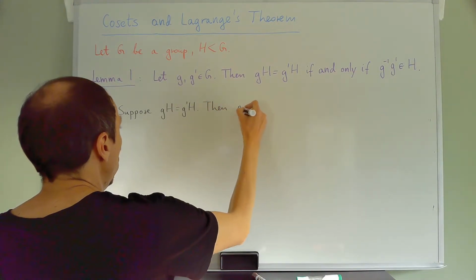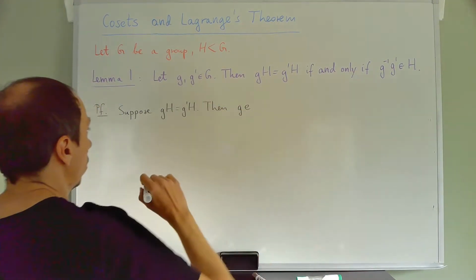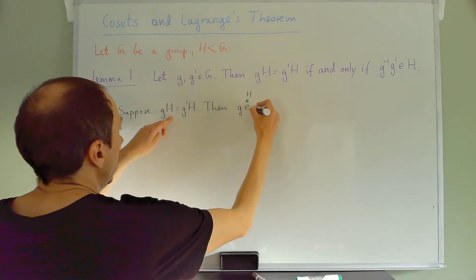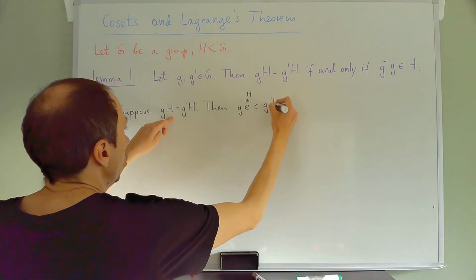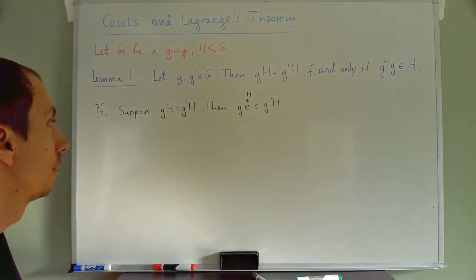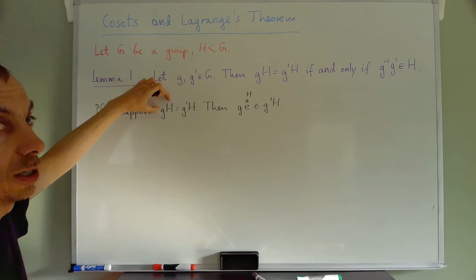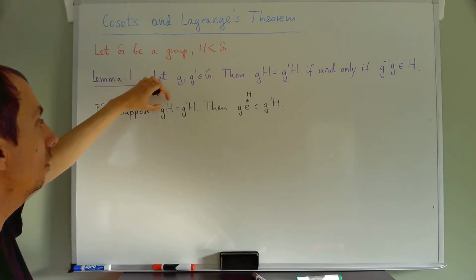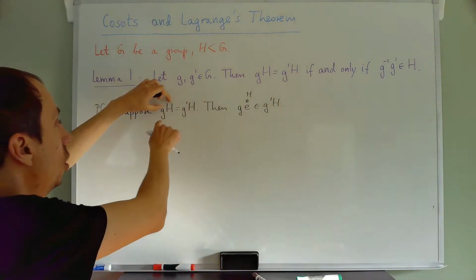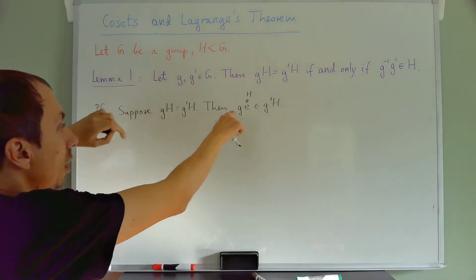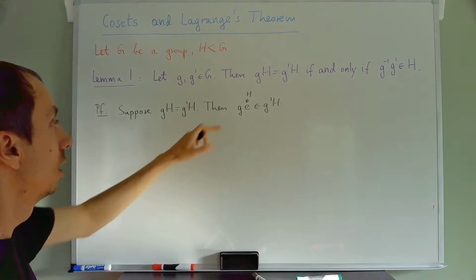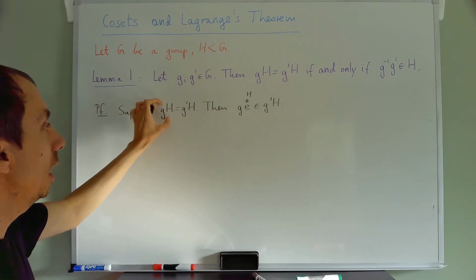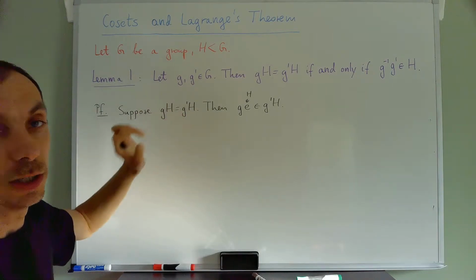Then g times the identity, look, this is g times something in H, belongs to the coset g prime H. Everything in this coset belongs to that coset if the cosets are equal. What's a particular thing that's in this coset? It's g times something in H. So I can take g times the identity in H. g times identity is definitely an element of gH, so it must be an element of g prime H.